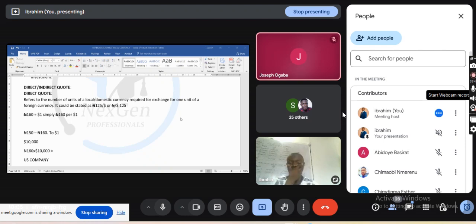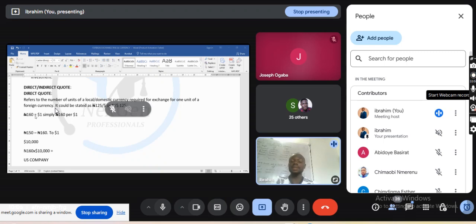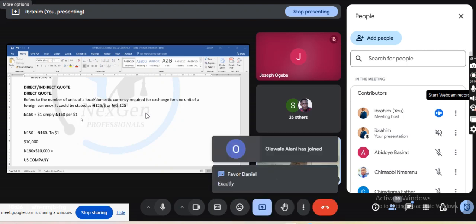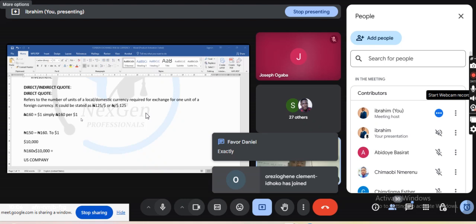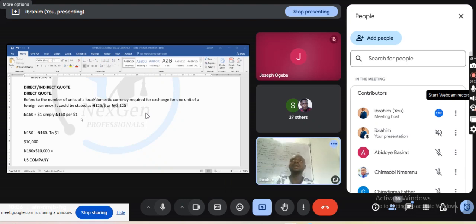Any other person? Okay, that's fine. So, class, check the currency. Is Nigeria a local currency, the domestic currency? If Nigeria is involved and you see the spot rate to be 125 to $1, the first question you should ask yourself is: is the Nigerian currency buying or selling?